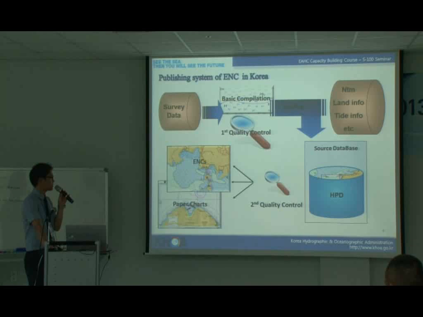In this process, we have 2 quality controls. One is carried out in our office. The second is we also use a third-party contractor for quality check for the production.